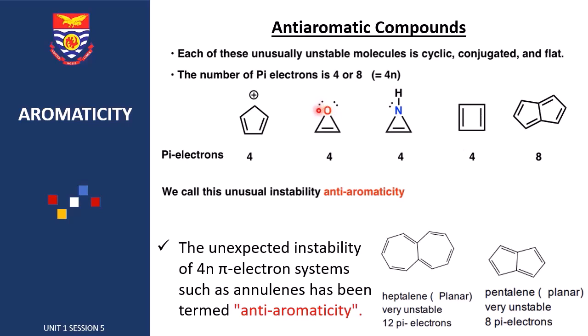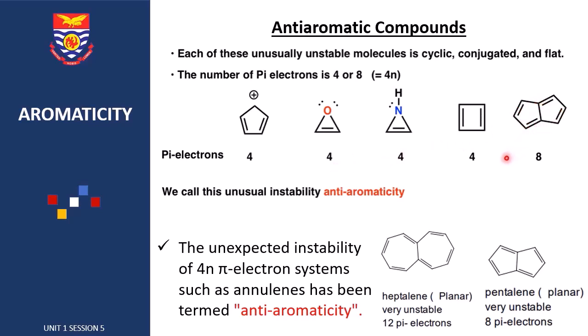Only 1 pair will be involved in resonance. So here there are not 6 pi electrons, but only 4 pi electrons involved in resonance. Here also 2, and then 2 here, making 4. Here there's 2, 4, 6, 8 pi electrons.